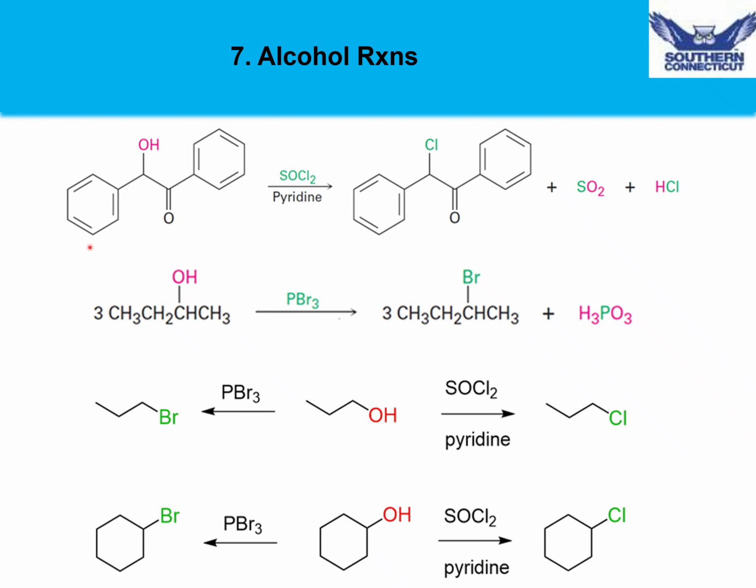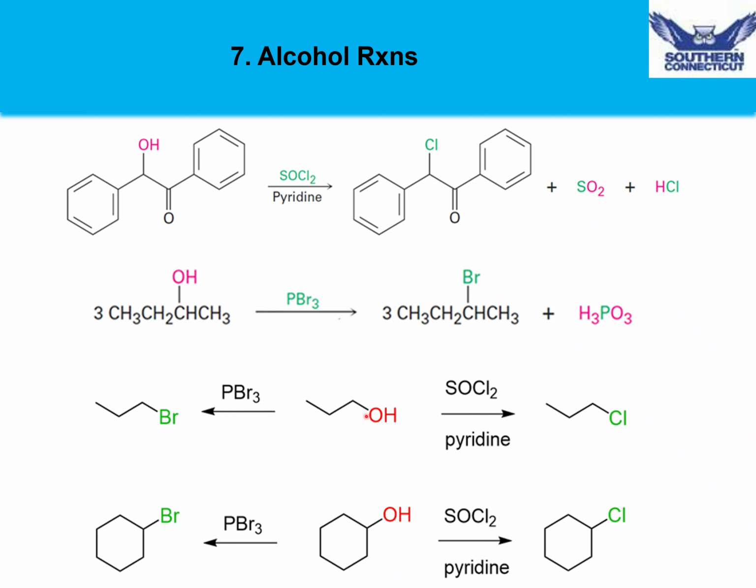Here are a few examples of conversions of alcohols into alkyl bromides and chlorides through thionyl chloride and phosphorus tribromide. First example has a secondary alcohol being converted into an alkyl chloride with thionyl chloride. A secondary alcohol here is converted with PBr3 into the corresponding alkyl bromide.